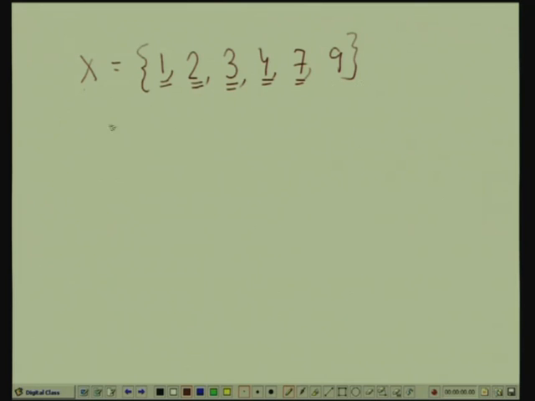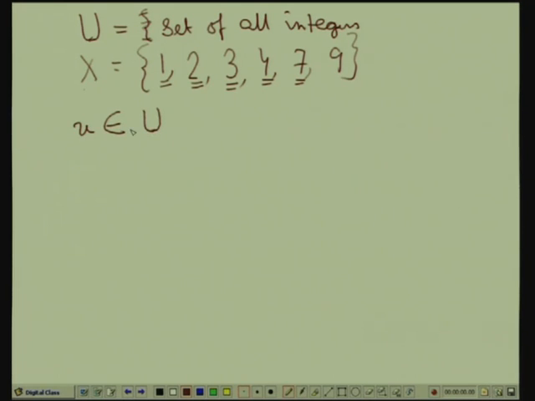So, if I take a universal set, a set of all integers, now, given any u belonging to this, any integer, either that will belong to this X or it will not belong to this X.